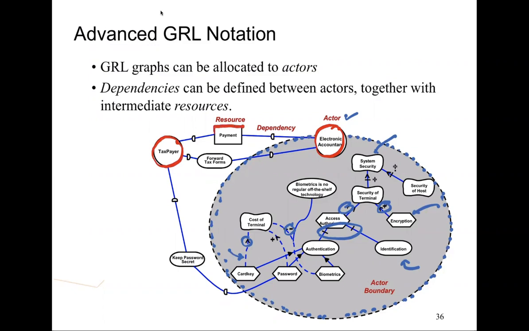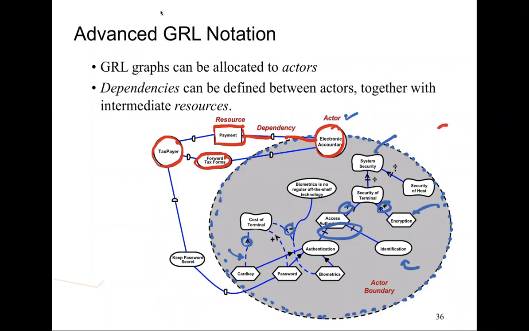So you could have a resource element, and then a dependency relationship that connects actors with each other. It could be through resources, or even through goals as well. So this is more like advanced GRL notation that allows understanding the actors in more detail.